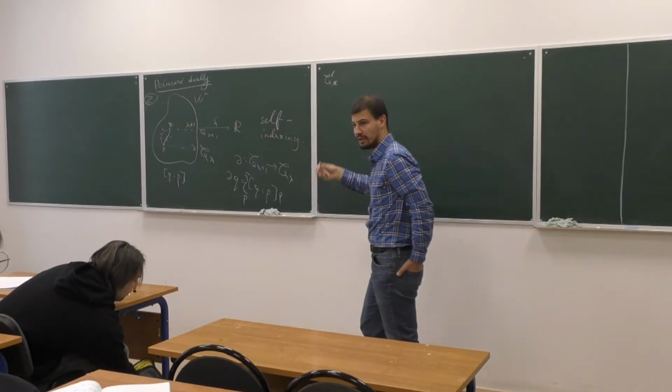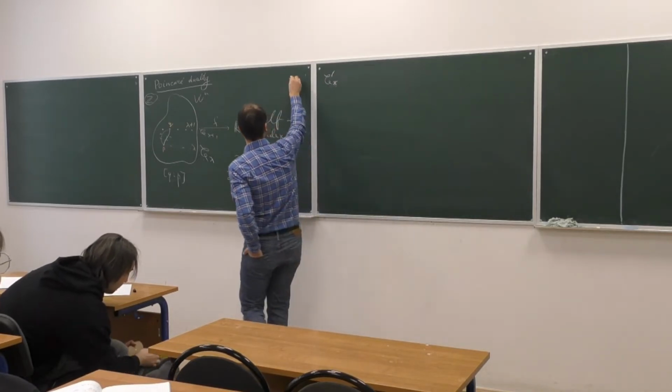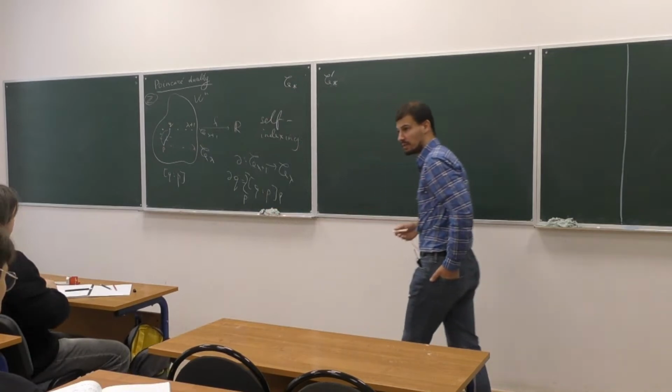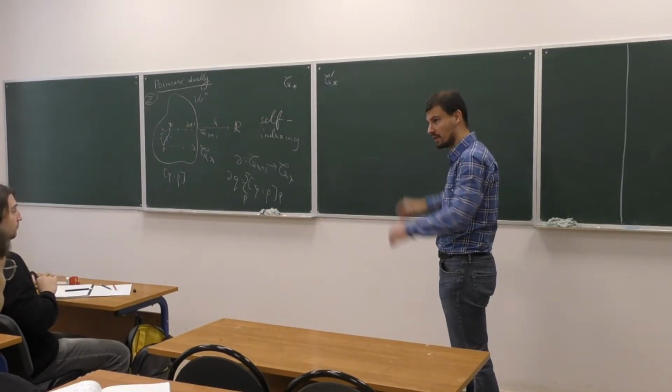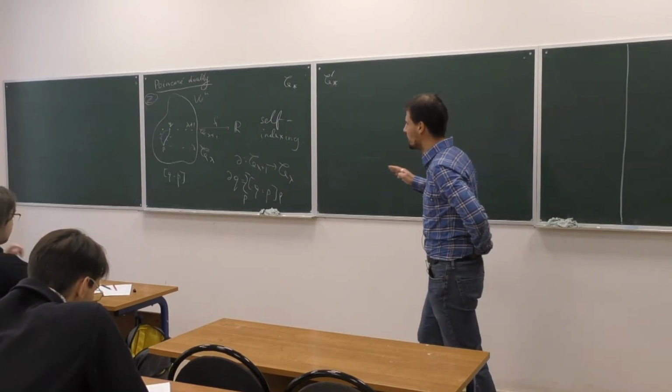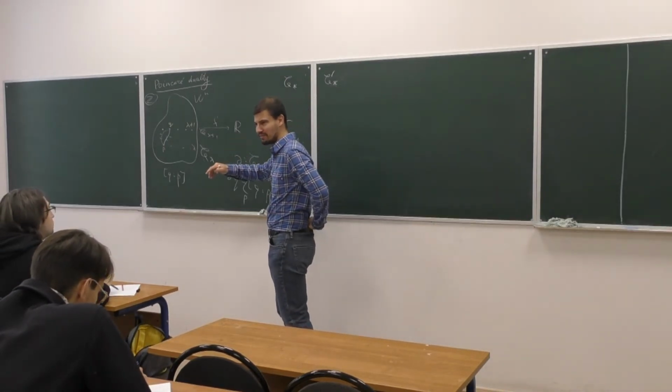So the initial chain complex corresponding to function f is C star, and the chain complex corresponding to function minus f is C prime star. To be honest, not minus f, but n minus f, to make it self-indexing again.